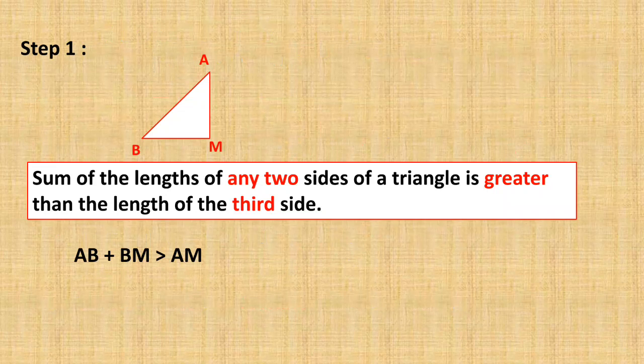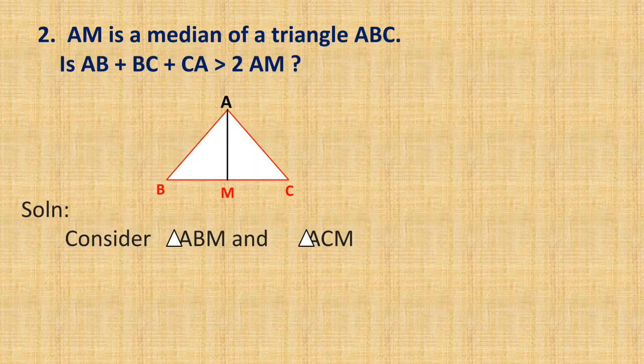The same property: the sum of the lengths of any two sides of a triangle is greater than the length of the third side. In each and every triangle, we will have three possible ways. But here we are looking at the given proof.